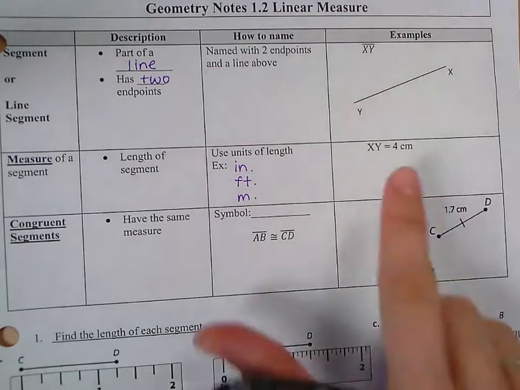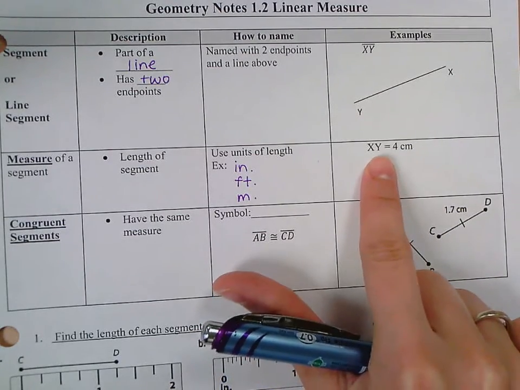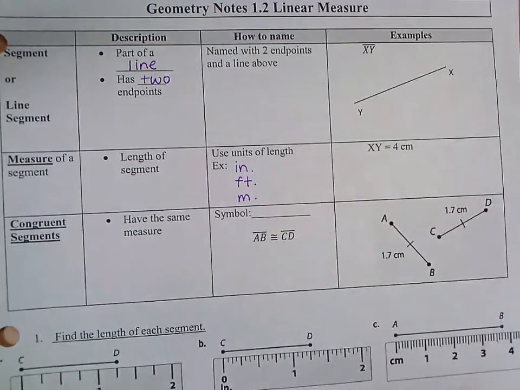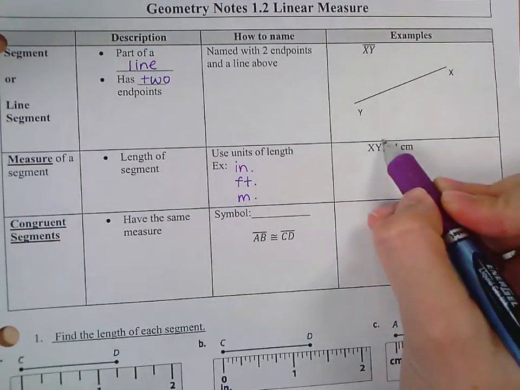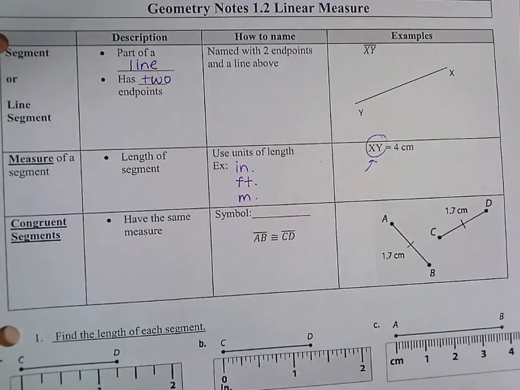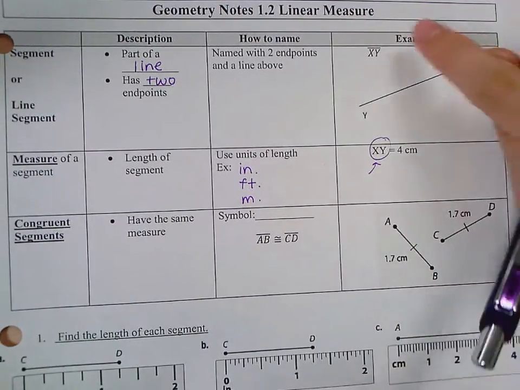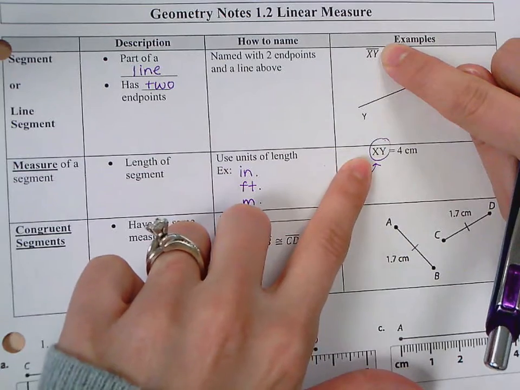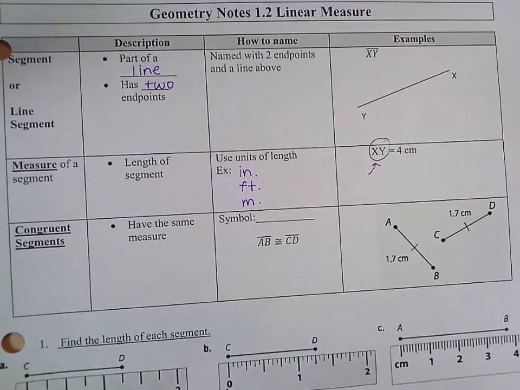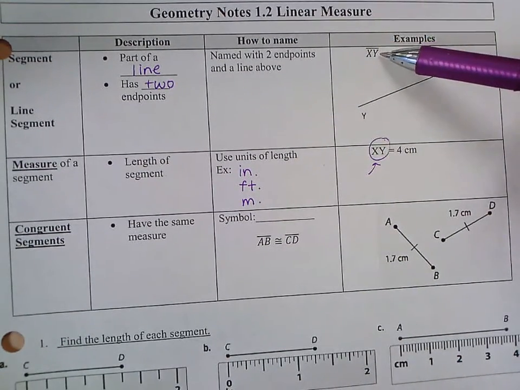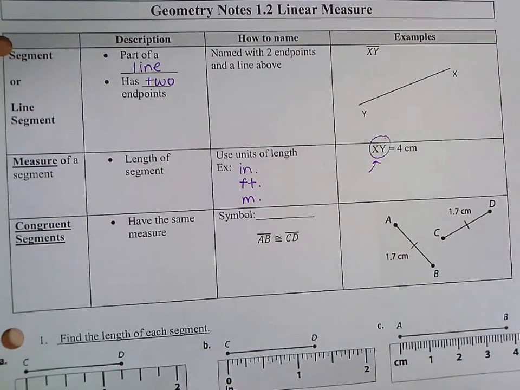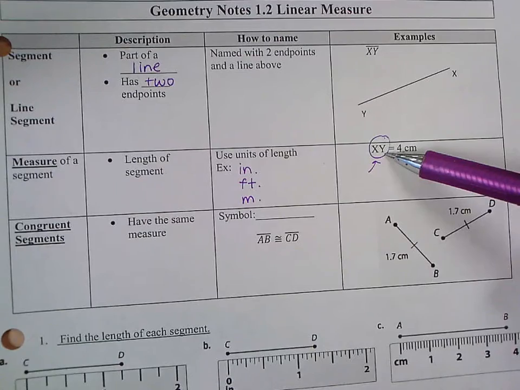So then here's an example of how to represent a measure. It says XY is equal to 4 centimeters. What I do want you to notice with the XY is that there's a difference when you're representing a segment versus the measure of a segment. When you're representing just a segment, you need a bar above the XY in this case. If you're saying the measure of it, you do not put a bar above it.